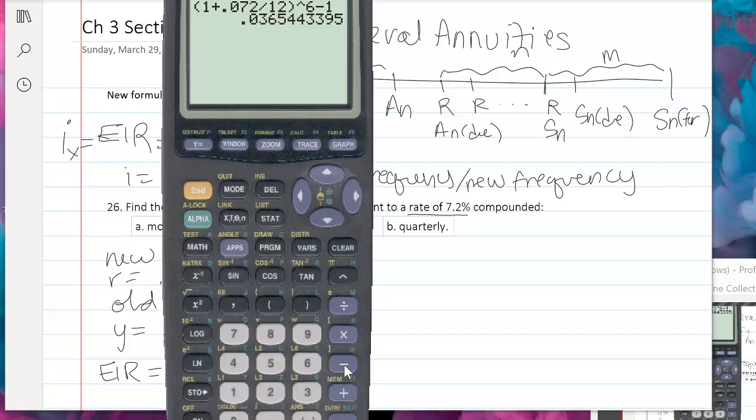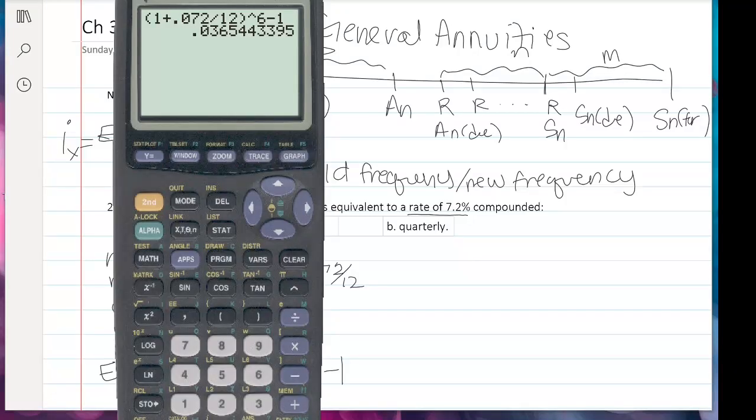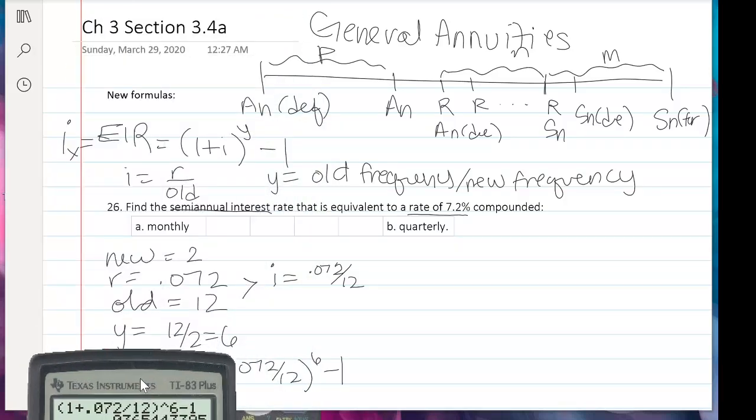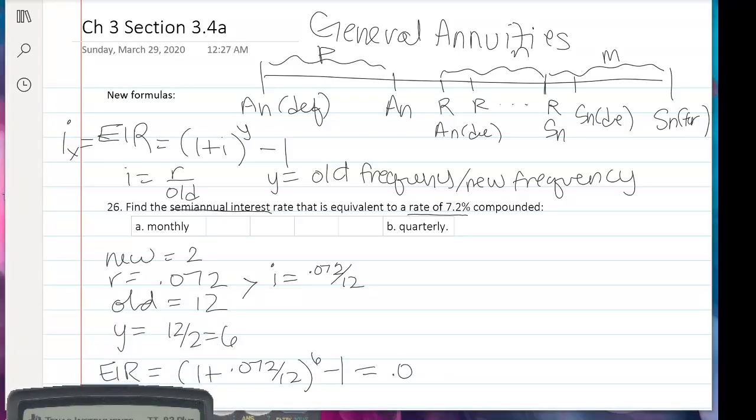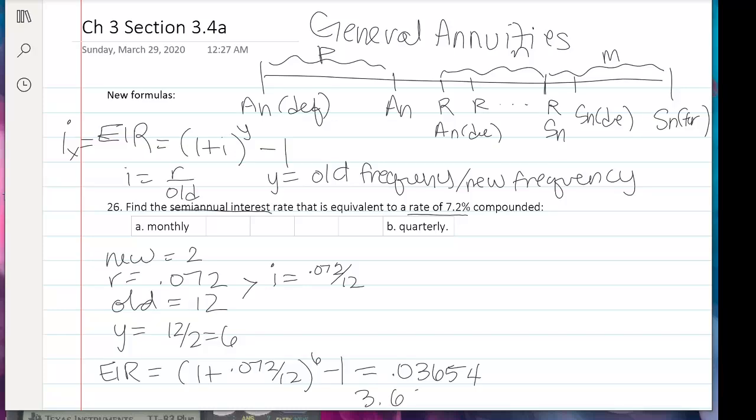So we get 0.0365 and it keeps going, so that becomes 3.65%, which would be our effective interest rate.